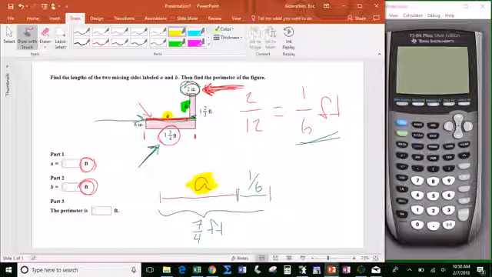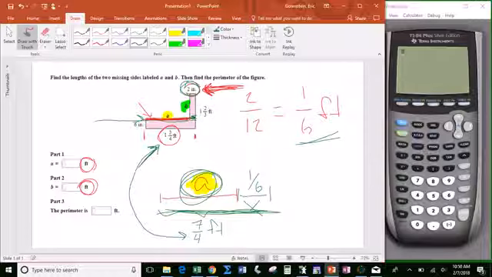We can find A by taking the total horizontal length, 7/4, and subtracting off the 1/6. If we take the whole length of 7/4 and take away the 1/6, that leaves us with A.